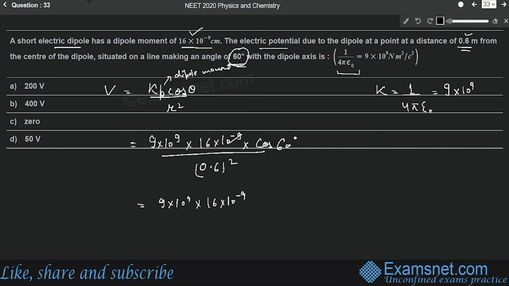Actually, these minus 9 and 9 will be cancelled, right? Cos 60 degree is equal to half. And then we have square of 0.6, that means 0.36. So on solving this, we'll get 200, and the unit for potential will be volt. So the correct answer will be 200 volt. That means option A will be the correct answer.